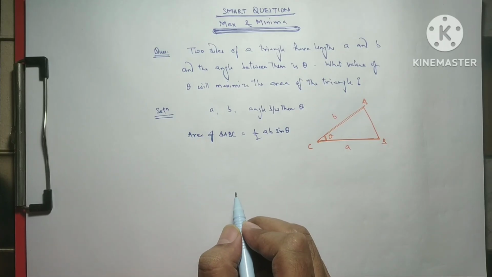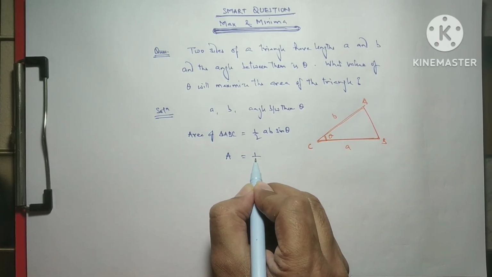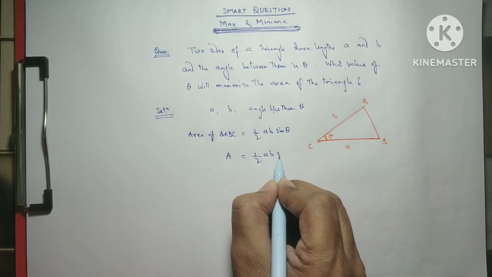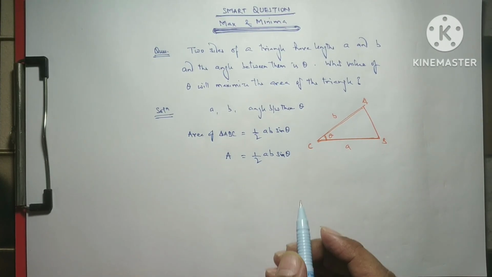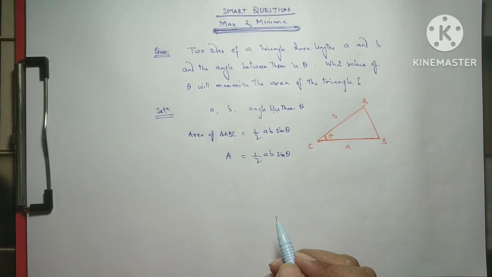So it is AB sin theta, meaning the area is half AB sin theta. So we want to find the value of theta at which the area is maximum.